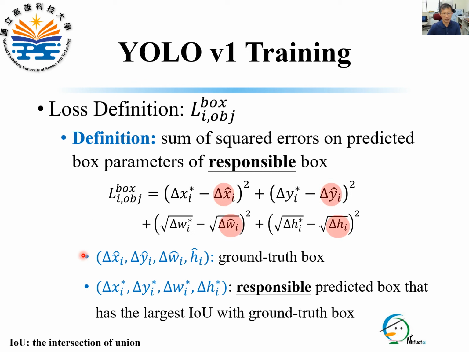These 4 terms are the encoding of the ground truth bounding box, and these 4 ones are for the predictions of the responsible box. The responsible box is the one of the predicted boxes that has the largest intersection over union with the ground truth box.